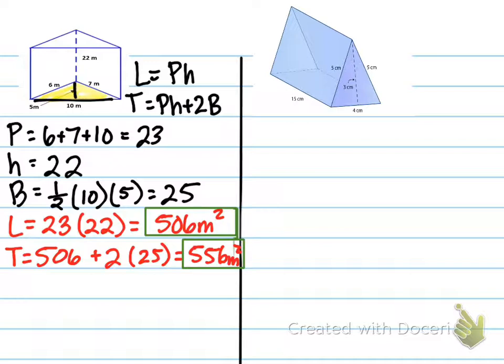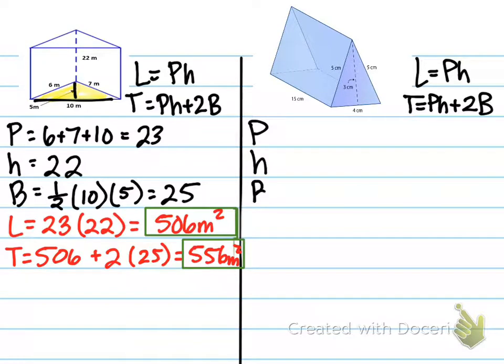For the next one, I'm going to write the equations again. Lateral is PH. Total is my lateral plus the two areas of the bases. So I need a P, H, and a B. For the perimeter of the base, our perimeter is 5 plus 5 plus 4, which gives us 14.